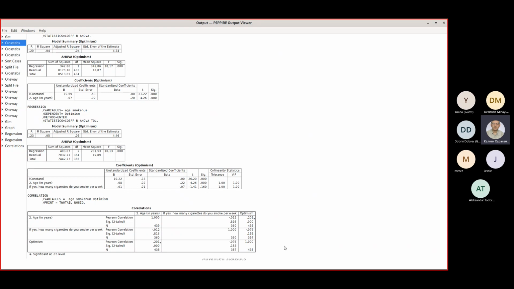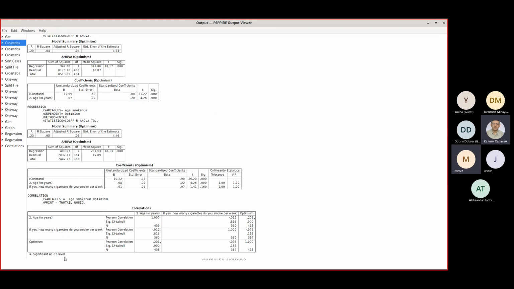But only one of these coefficients is statistically significant, and this coefficient is flagged with A. You can see here A, and a footnote: A, significant at 5% significance level.